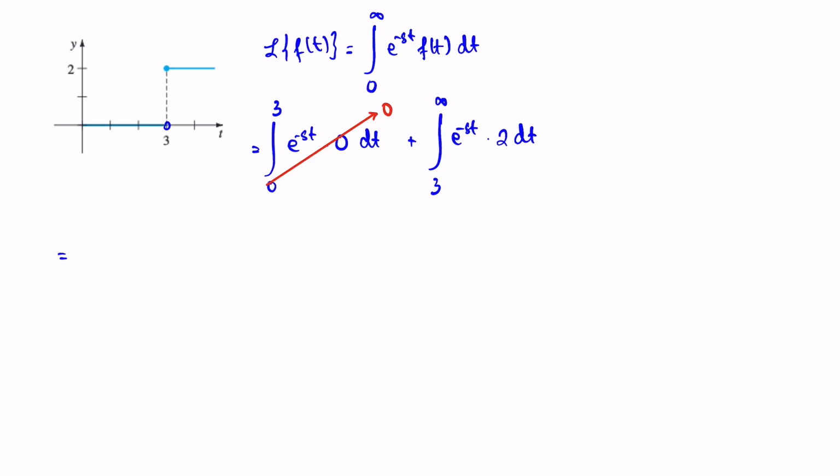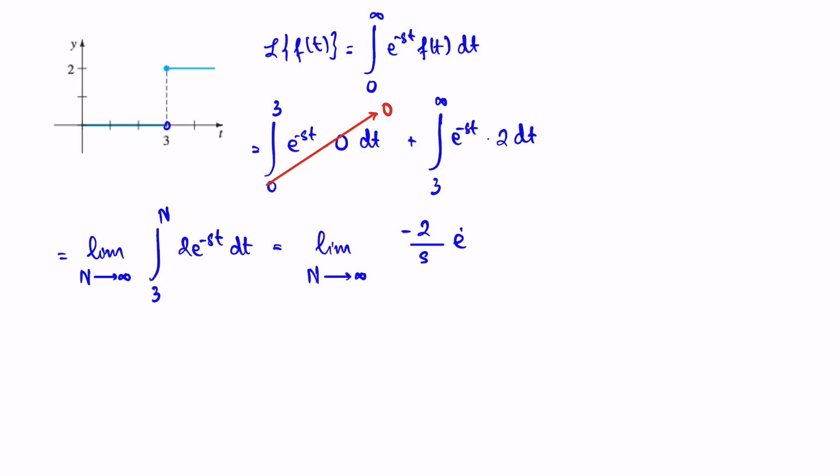So you turn this improper integral into the limit of a definite integral. That is, the limit as n goes to infinity of the definite integral from 3 to n of 2 times e to the negative st dt. By the antiderivative of e to the negative st, you have negative 2 over s times e to the negative st, evaluated at 3 and n.